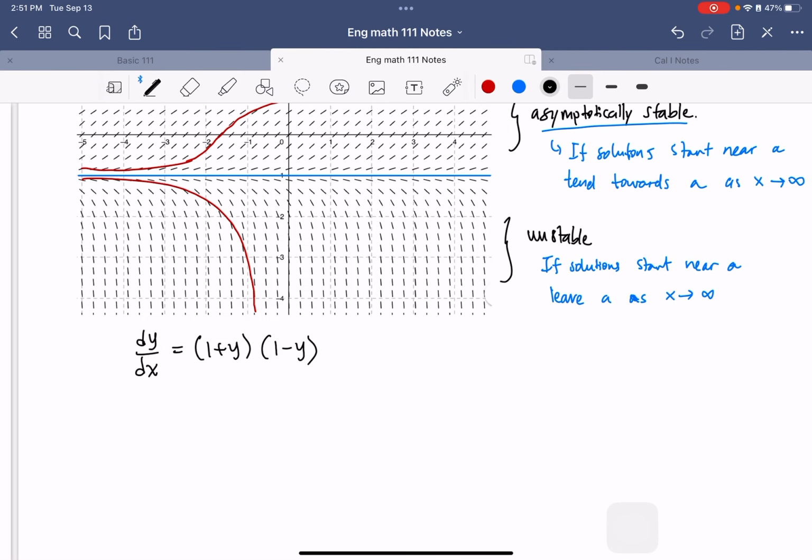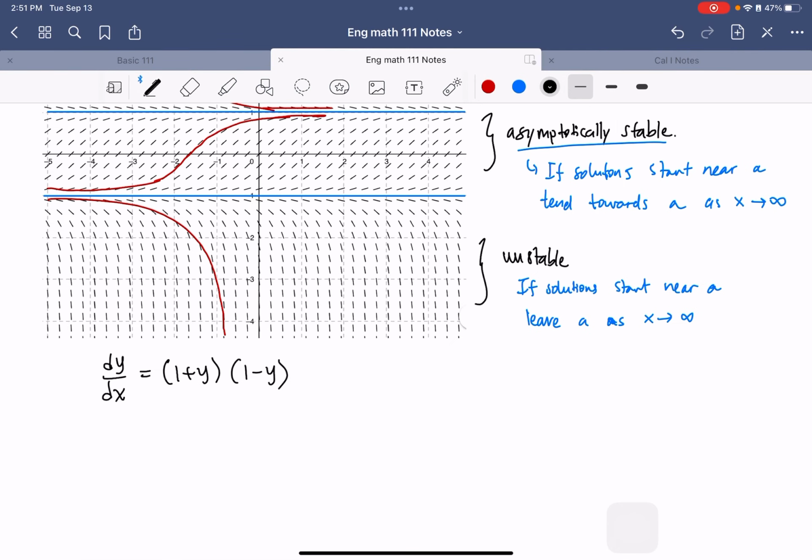Now we can predict not with the slope fields, but with just a vertical line. It's similar to what we have done with the number line, when you deal with the inequality and make sure whether it's positive or negative, the signs. It's similar.